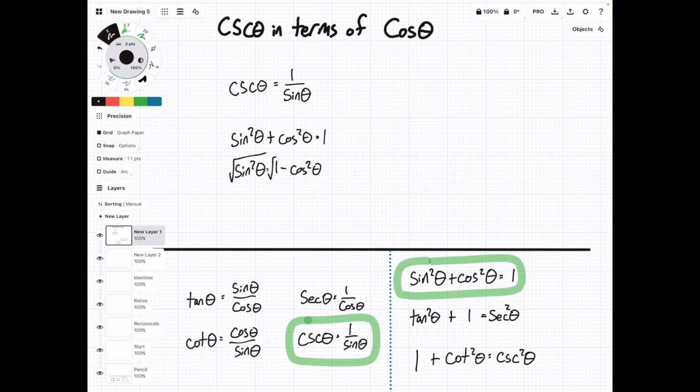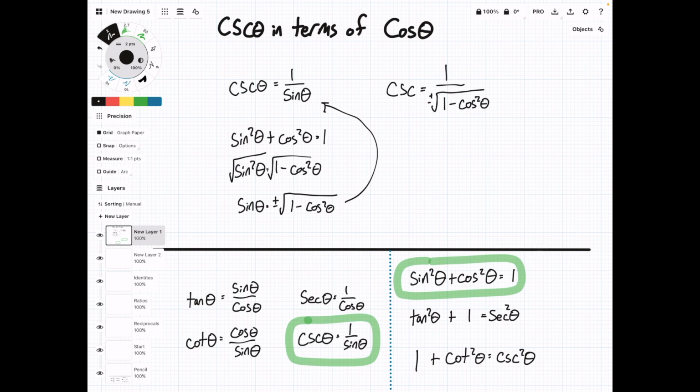Take the square root of each side. Sine theta is equal to plus or minus square root of 1 minus cosine squared theta. And then we can plug this in here. So cosecant, we can say, is equal to 1 over plus or minus the square root of 1 minus cosine squared theta.